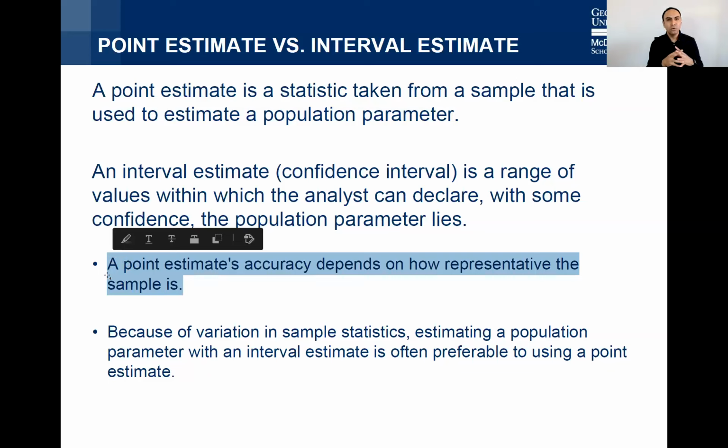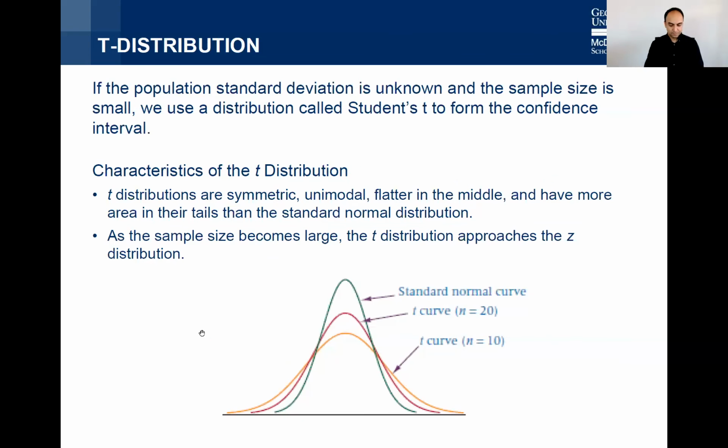Sampling design is a whole field in statistics: how do you design your survey to make sure you sample the right people, so you get a sample that represents the population well? And because of the variation in sample statistics, estimating a population parameter with an interval estimate is often preferable to using a point estimate.